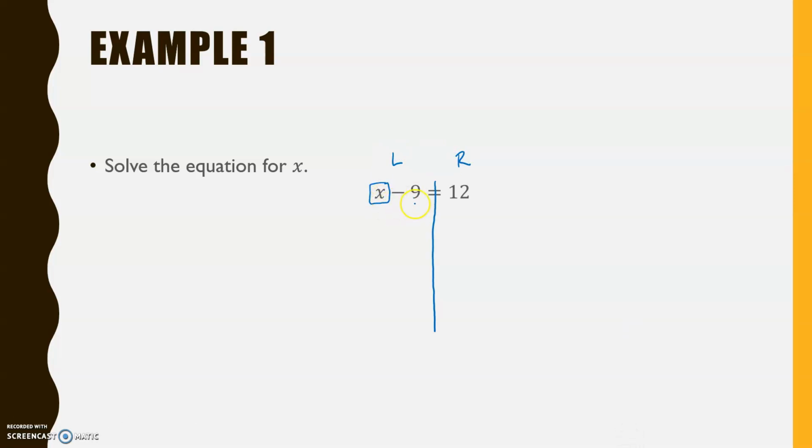And so I'm saying, okay, what is happening with this? It has x and then minus 9. So I want to think about what's going to undo that, and in this case it would be adding 9 to both sides. Now if I do negative 9 plus 9, that's going to equal 0, and I'm going to get x equals 21.